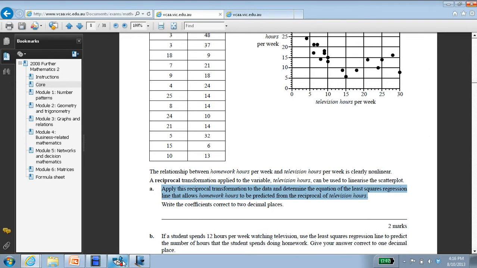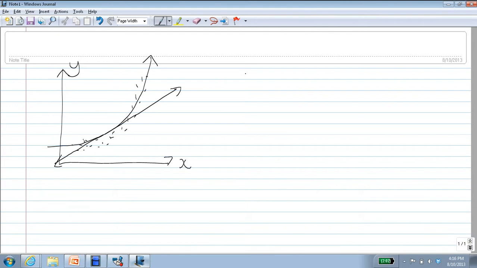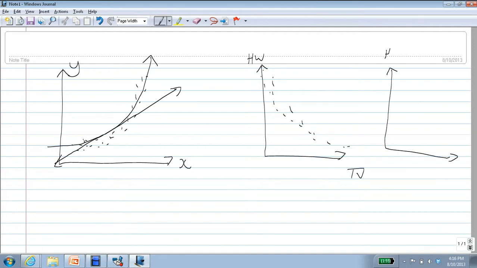So we had an original with homework hours and TV, coming down like this. We're now going to leave homework hours as it was, do a 1 on TV, and hopefully get a more linear relationship. Now let's go to our calculator to see how we do this.